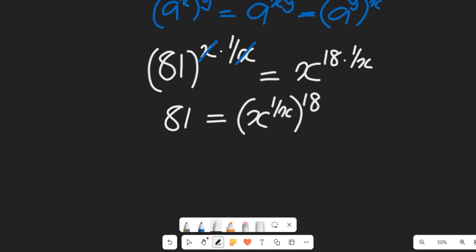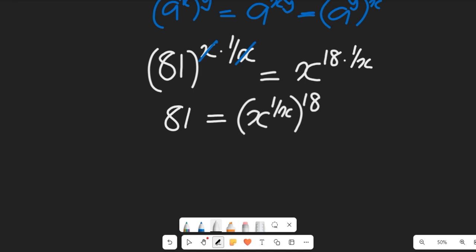We have not changed anything. So the next thing we are going to do is multiply both sides by the power of 1 divided by 18. That way we're going to clear the power of 18 from the right hand side.